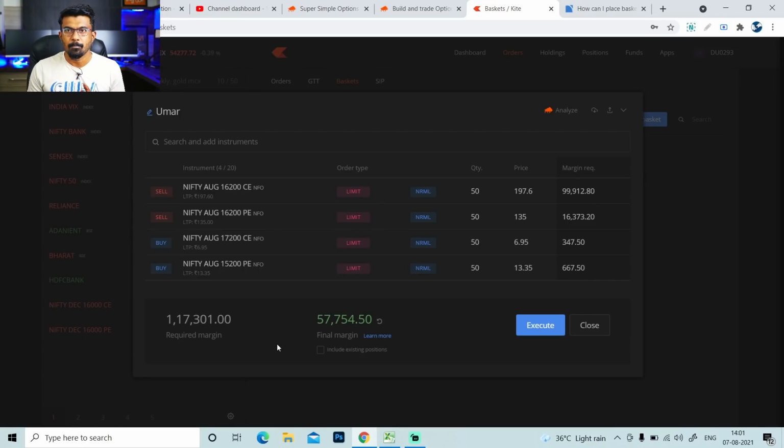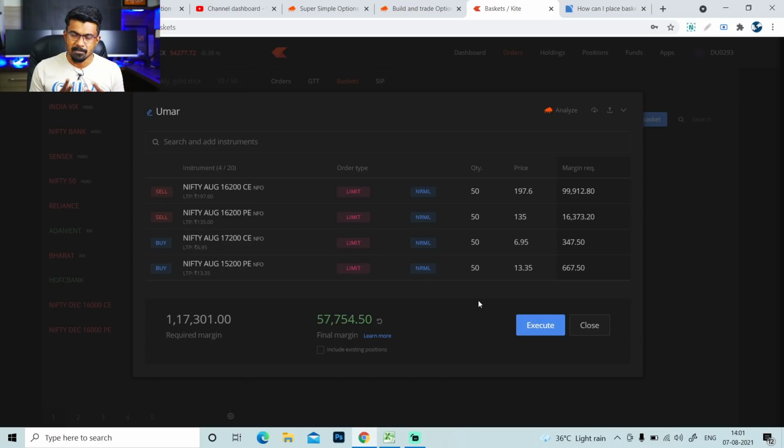In this example, with the 16,200 straddle, you have collected a premium of around 197 rupees, say 200 rupees, on the call side, and you have collected 135 rupees on the put side. So the total premium you have collected is around 350 rupees. But for the hedge, the 17,200 call and 15,200 put, you are going to spend around 17 rupees to hedge that position.